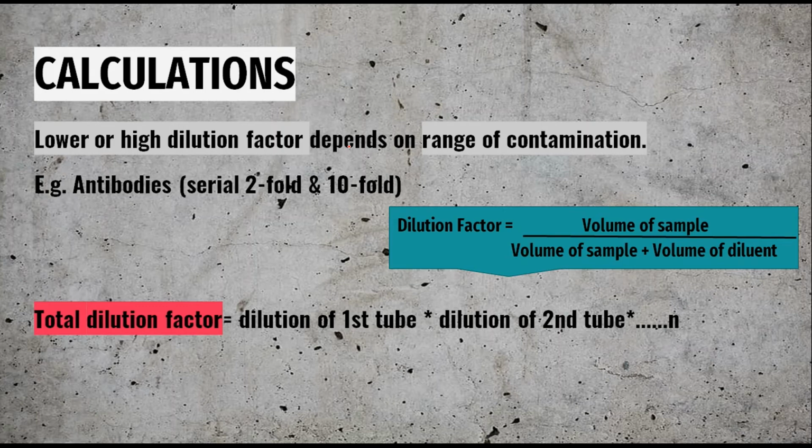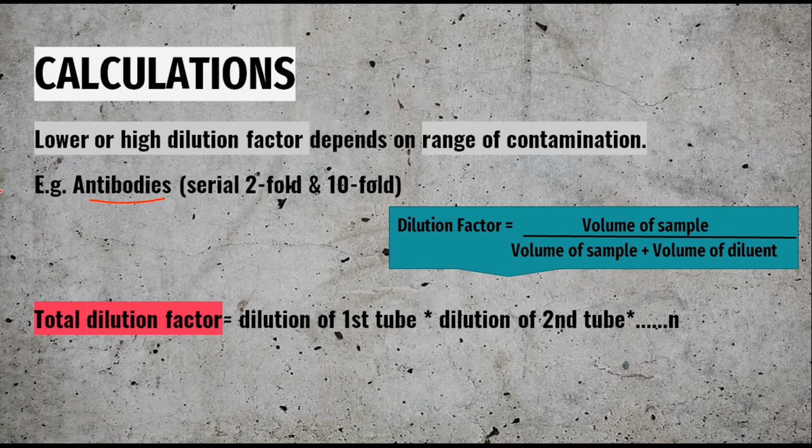For antibodies, serial 2-fold and 10-fold dilutions, like 2 times diluted or 10 times diluted samples, are used. This is only for antibodies; I have just taken an example. We can find the dilution factor by the volume of sample divided by the volume of sample plus diluent. This is the formula for the dilution factor. Next we have the total dilution factor. So how do we calculate the total dilution factor?